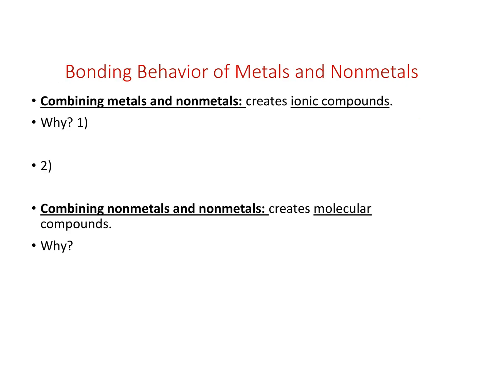And so when a metal and a nonmetal react, when we combine a metal and a nonmetal, we form ionic compounds. We form ionic compounds because metals have a low ionization energy, which makes it easy for metals to lose electrons.